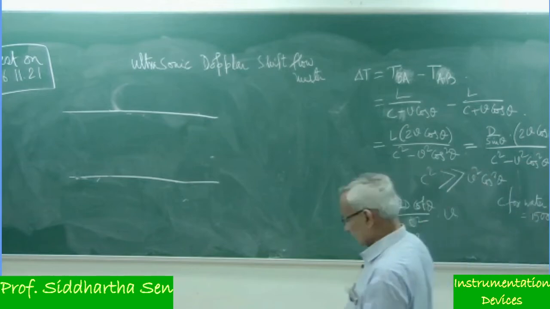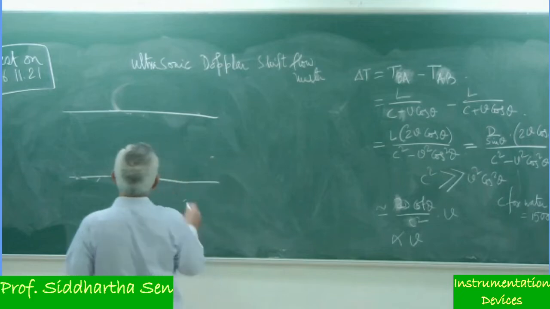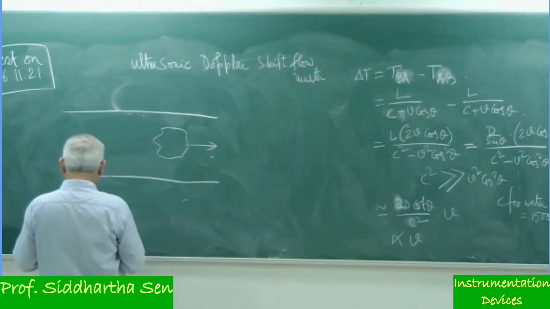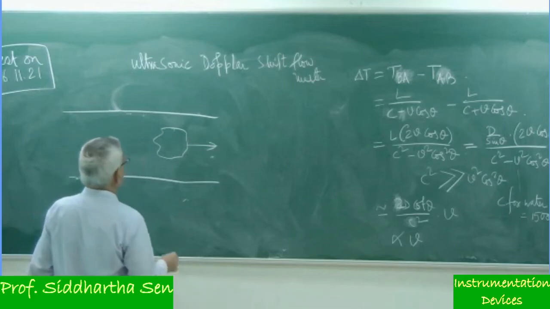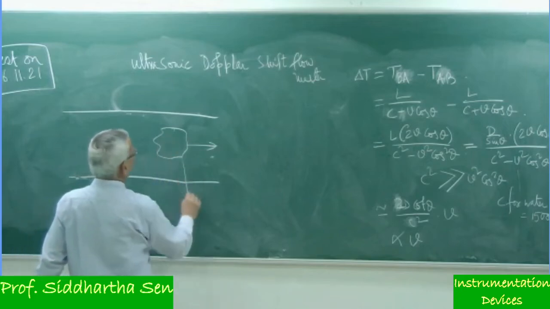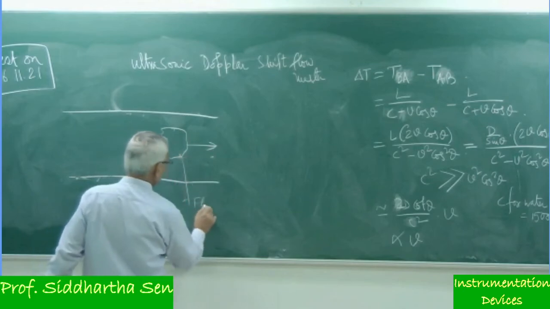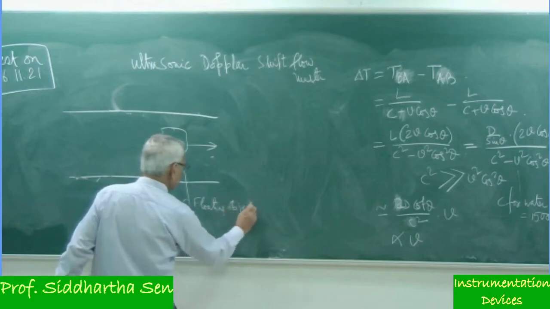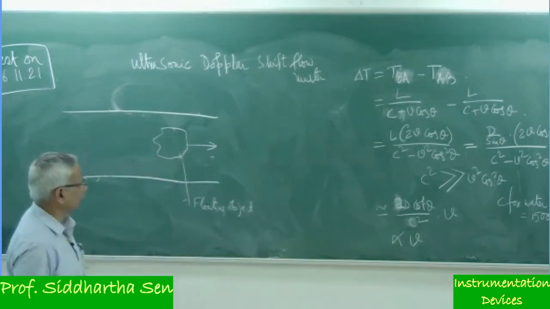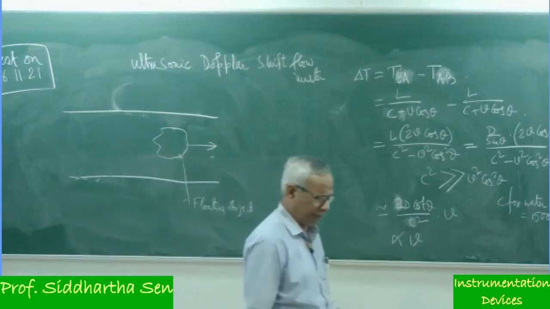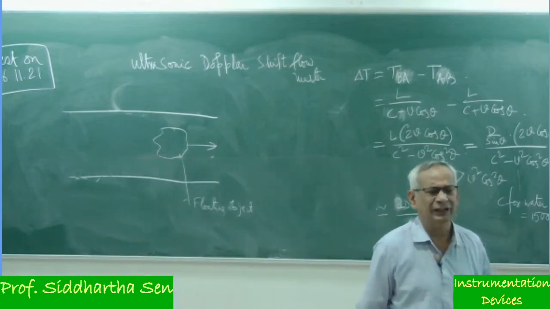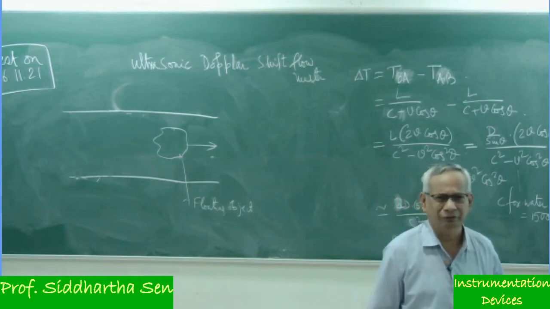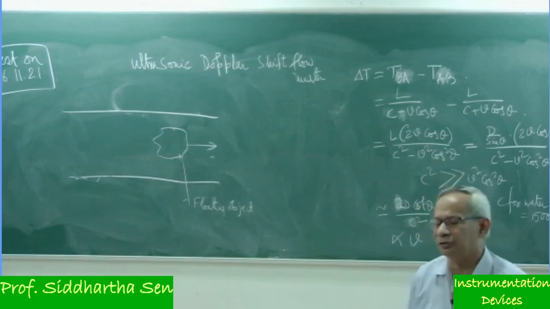So, in a nutshell, we can say if there is a floating object, suppose it could be a very minute floating object, basically our white blood cell or red blood cell, if we want to measure the velocity of these.